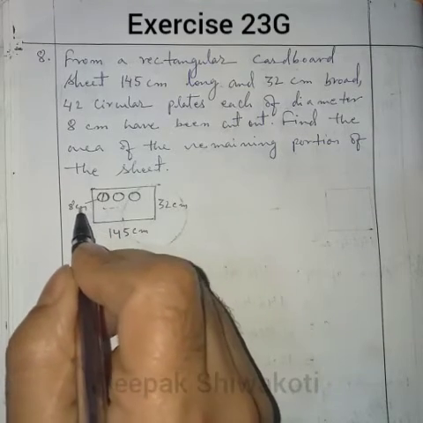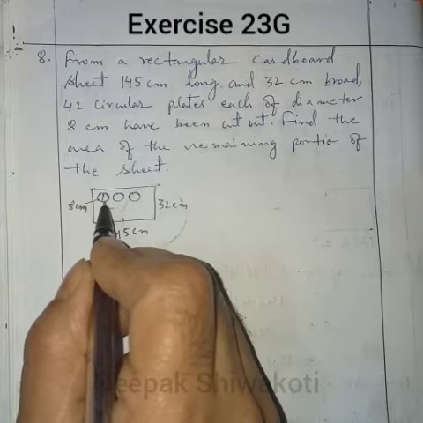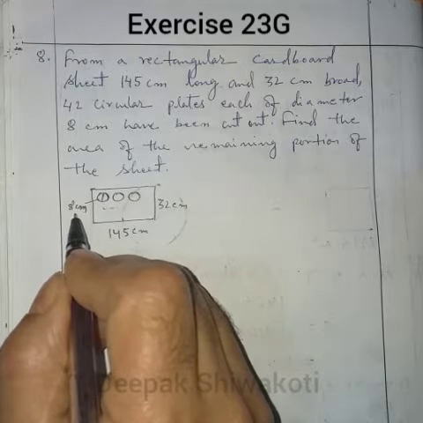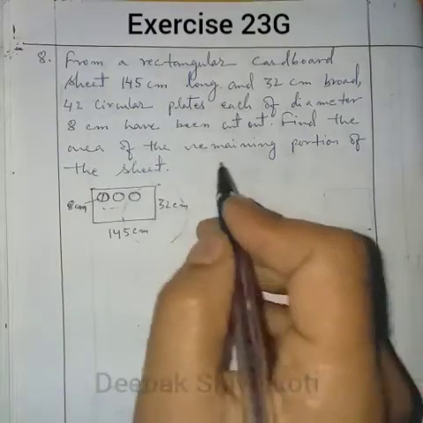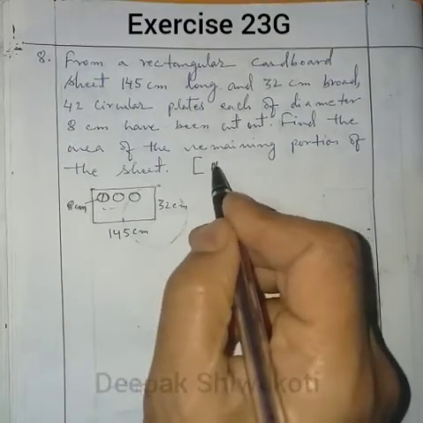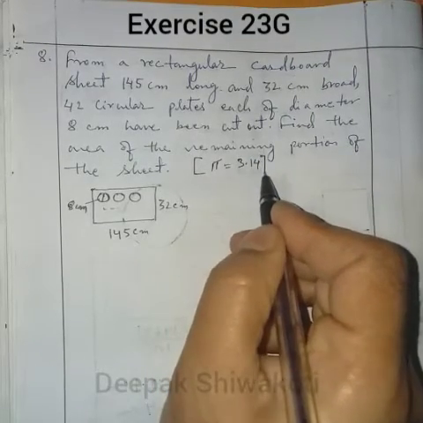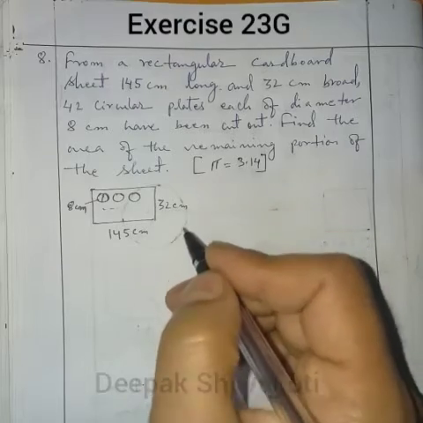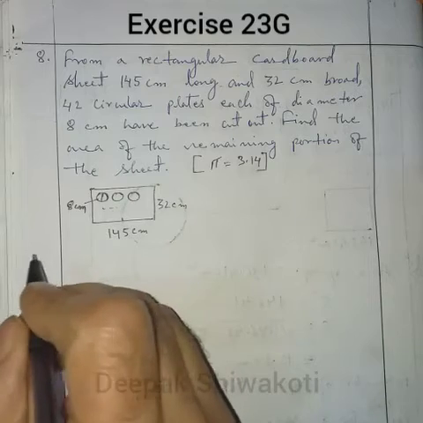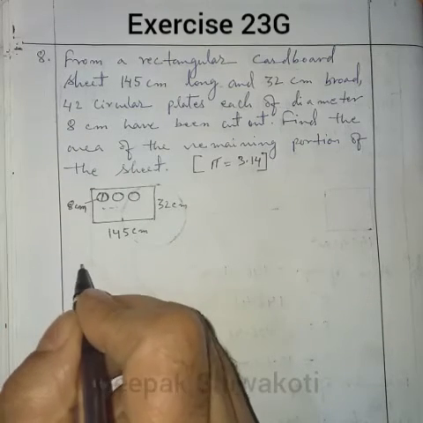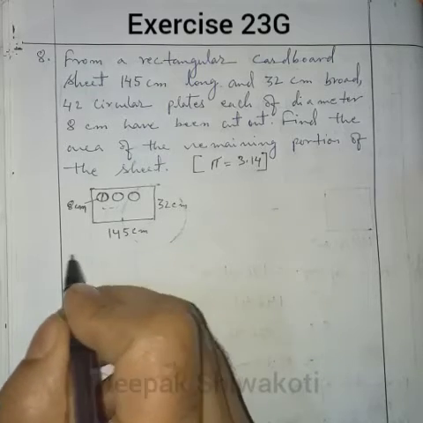So here 8 centimeter diameter, the radius will be half of this diameter, that is 4 centimeter. And one more thing, in this question we'll take pi as 3.14, otherwise the solution is impossible. So now let us solve it. Let us find the area of the rectangular cardboard at first.